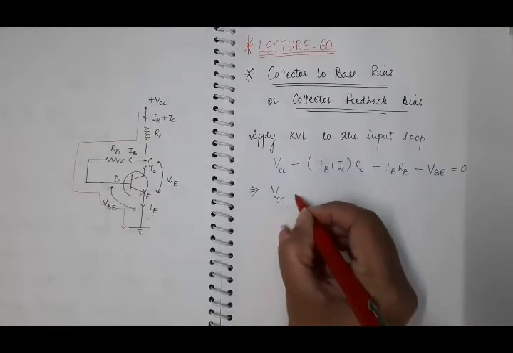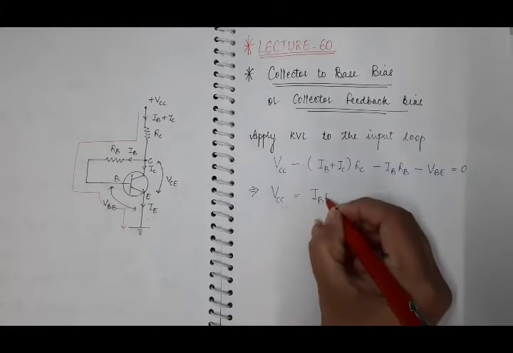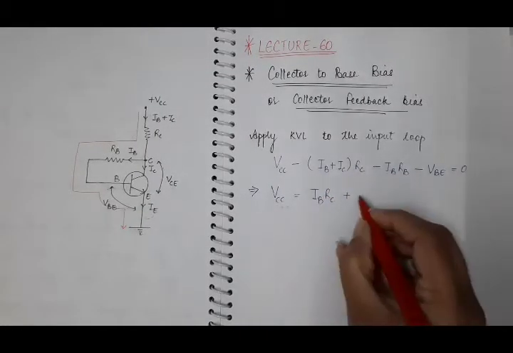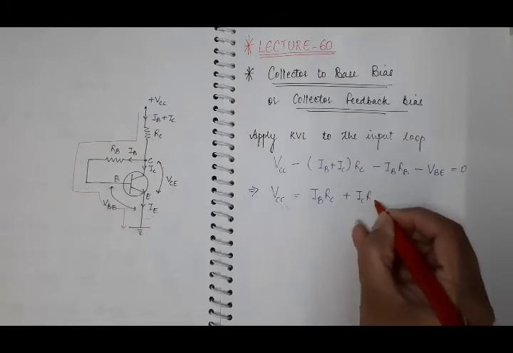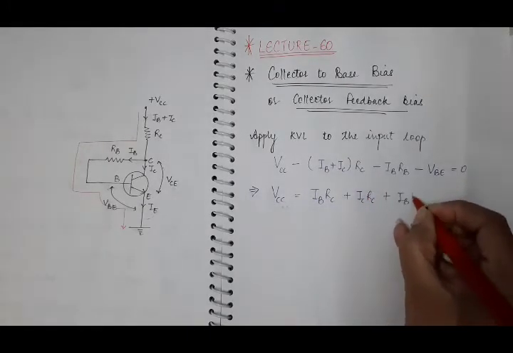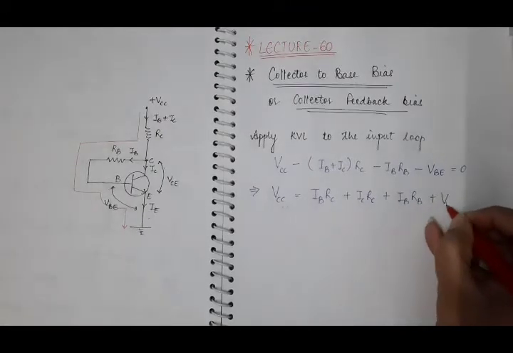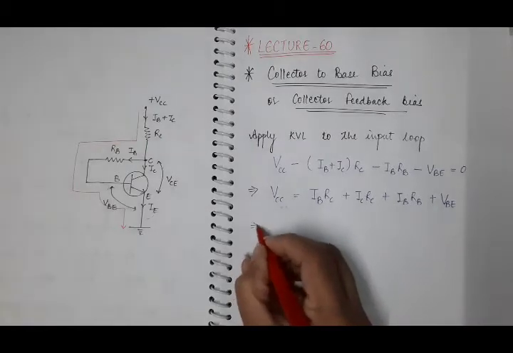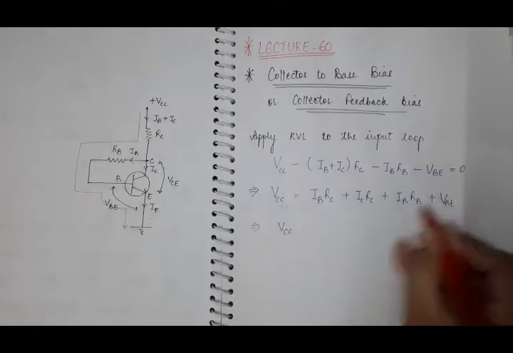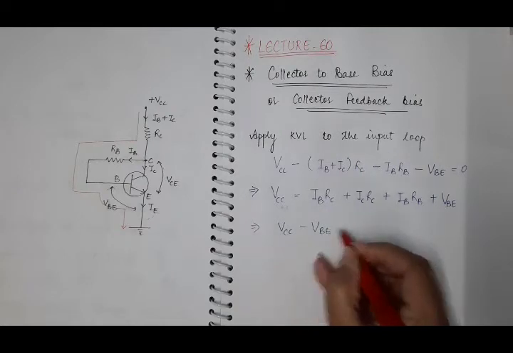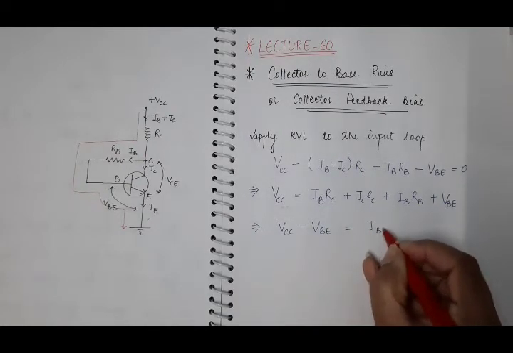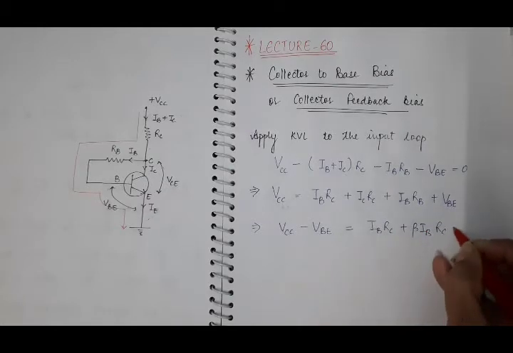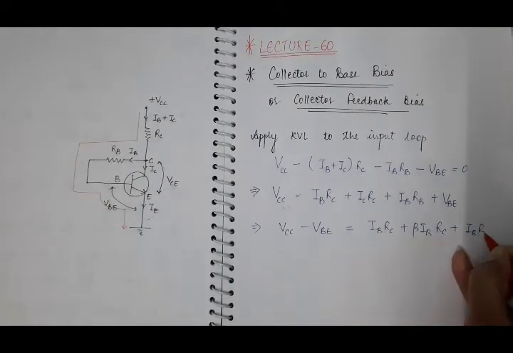So VCC is equal to IBRC plus, moving all these three negative terms to the right side, ICRC plus IBRB plus VBE. Now we know that IC is equal to beta IB. So VCC minus VBE is equal to IBRC plus beta IBRC plus IBRB.